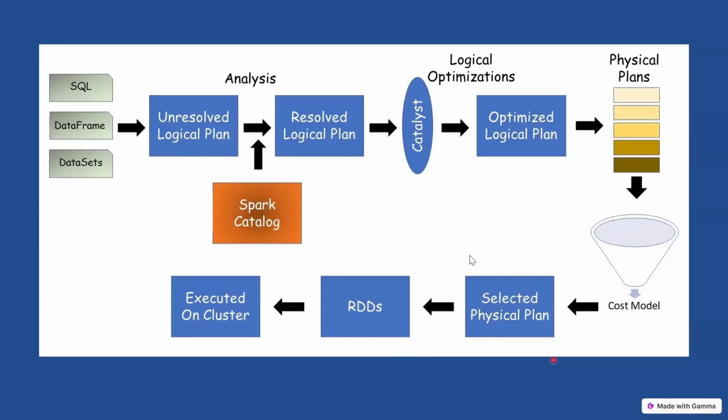Once it has the best physical plan, it executes that on a cluster with the help of RDD. Because I told you, anything you write in a data frame eventually converts into an RDD. So it executes that best physical plan on the cluster, and you get the result on your driver, or you can even load data into the sink.